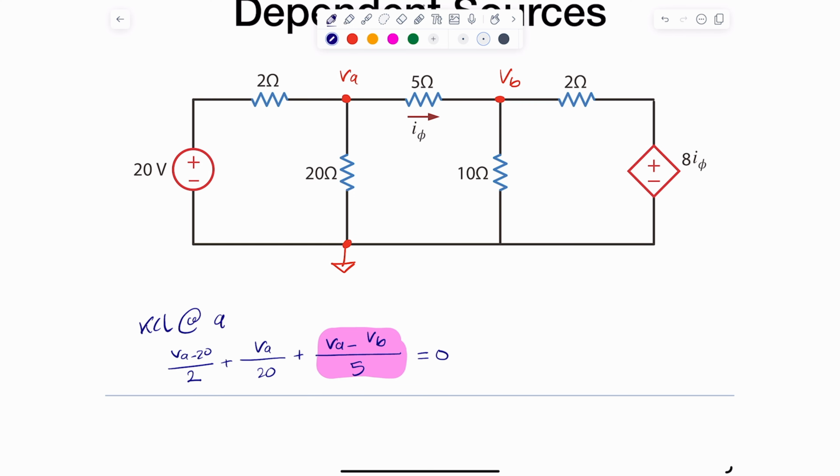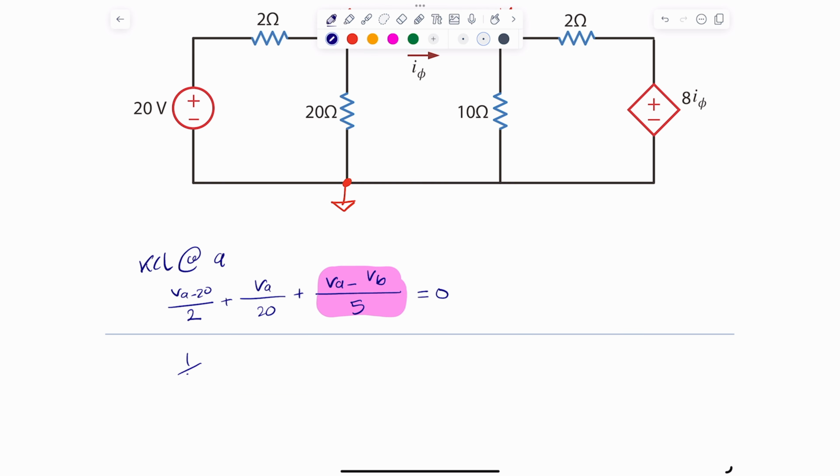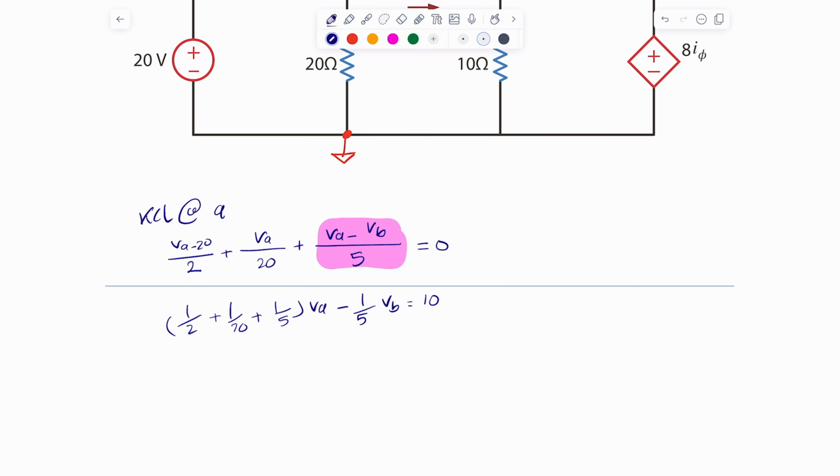We'll clean it up a little bit. We'll say 1/2 plus 1 divided by 20 plus 1 divided by 5 times VA minus 1 divided by 5 times VB, and that should equal 20 divided by 2, which is simply 10. I'll clean it up a little bit, and I believe it should give me 15 VA minus 4 VB equals 200.